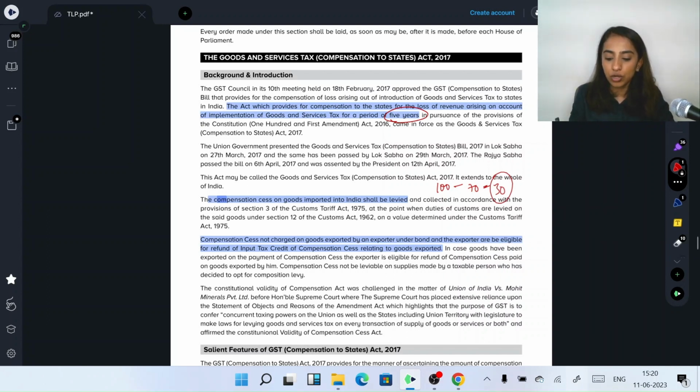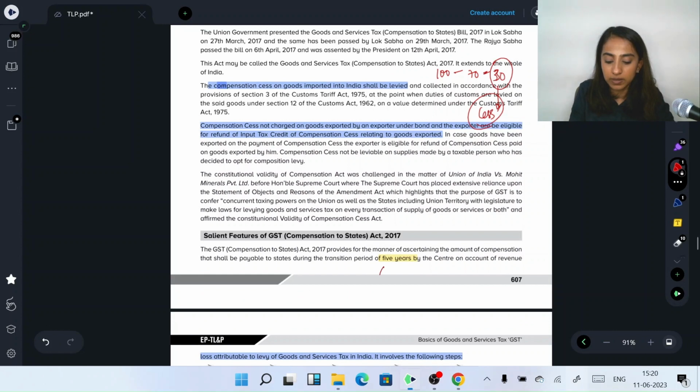How are they going to get so much money, right? Even the central government needs money. So they started levying a cess called the GST compensation cess. They started levying a cess on all the goods and services called the GST compensation cess. So if you look at a bill, it could be CGST, SGST plus cess. Cess would be a tax on this.